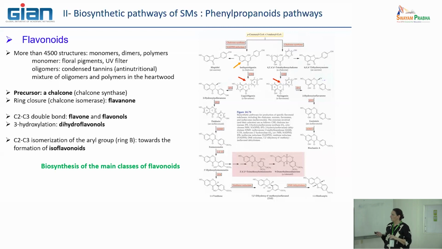And it means also that the cell is able to adapt the production of this type of phenylpropanoids according to the necessity of the moment. It's exactly what was explained at the beginning of the lecture. These molecules are produced in reaction to modification of the environment.